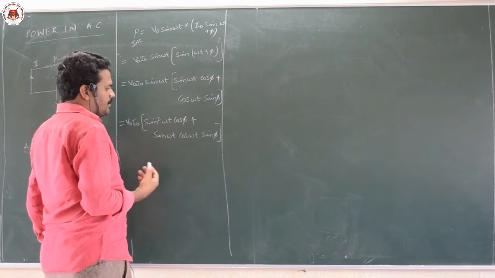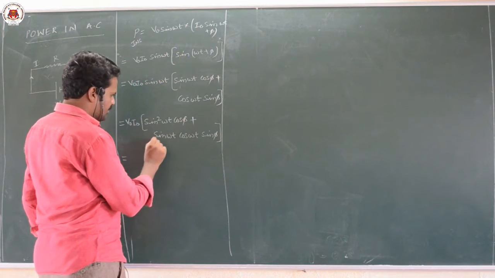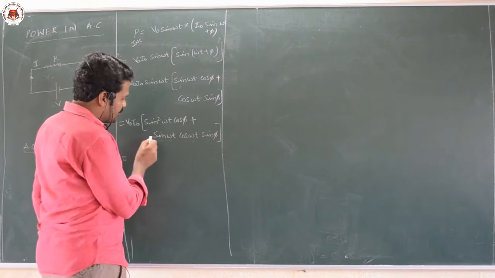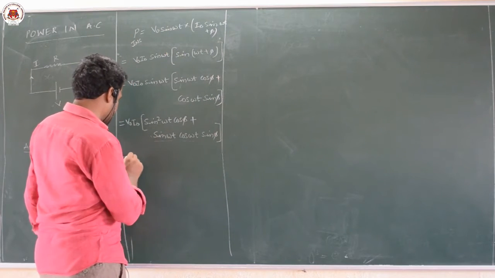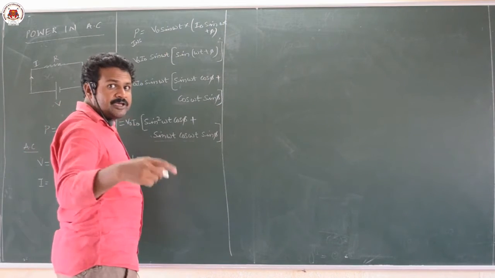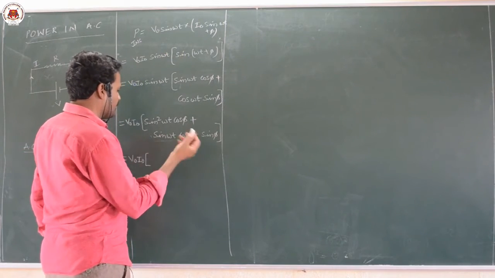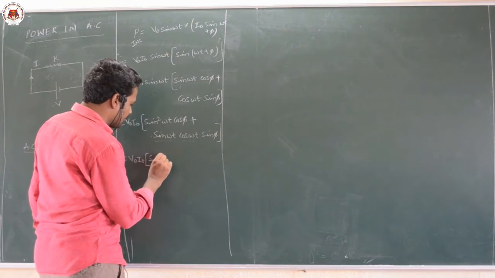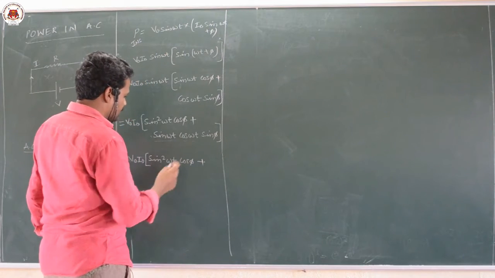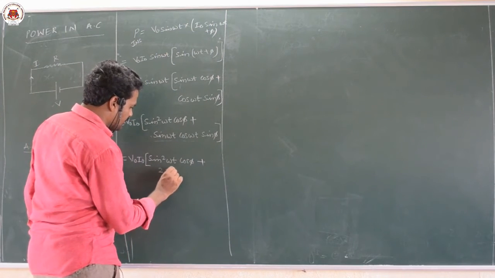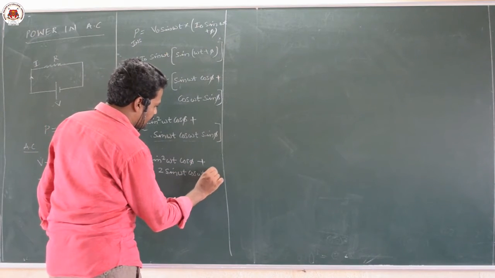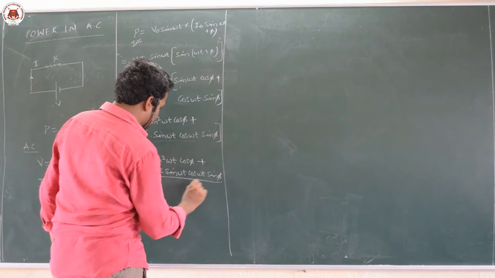Okay. Now, you can observe this. This part I can divide and multiply with 2, and that I can convert into 2 sin A cos A. So, sin square omega t cos phi plus 2 sin omega t cos omega t sin phi, divided by 2.